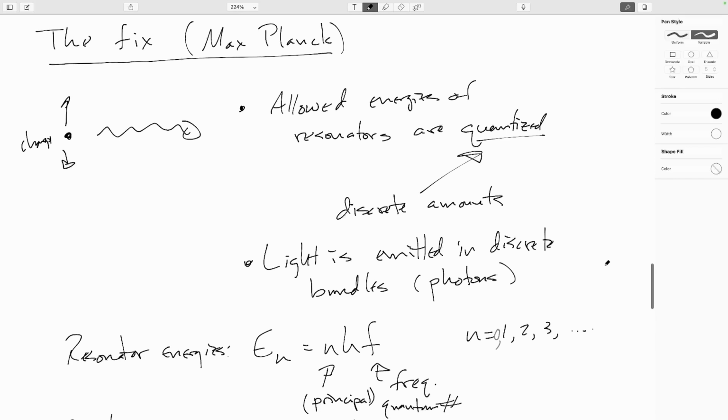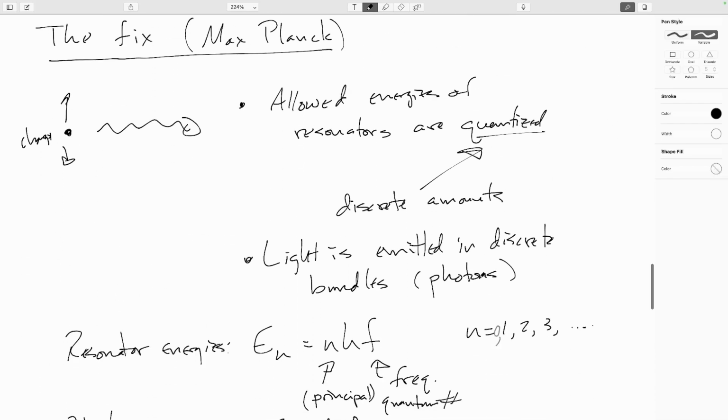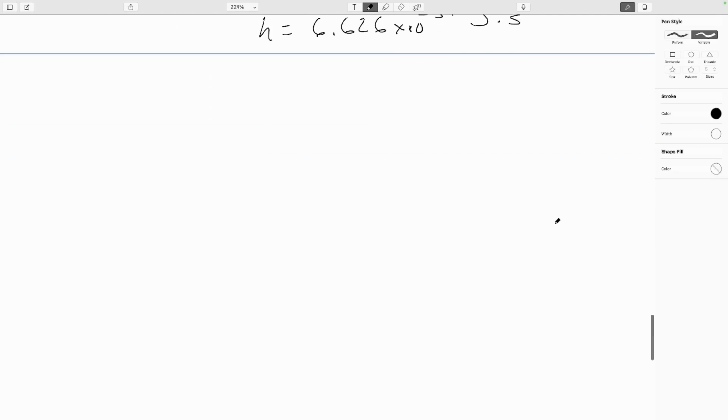Okay, so what does this do for us? It tapers down the ultraviolet so that we get to this behavior here. Because with the ultraviolet, wavelengths get short, which means frequencies get high. So what this means is that for low frequencies, our allowed energies are spaced very closely.